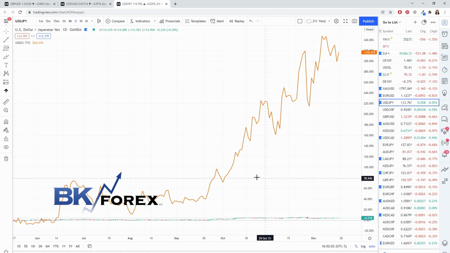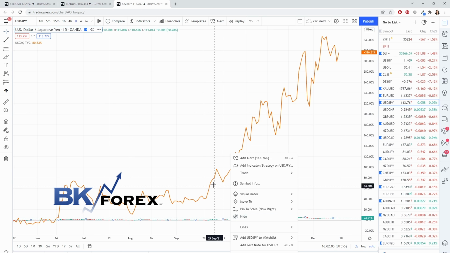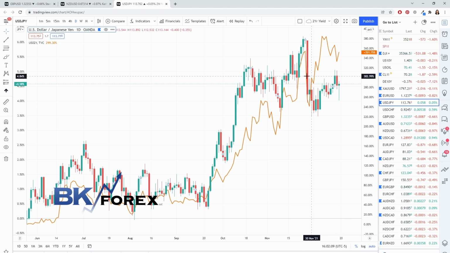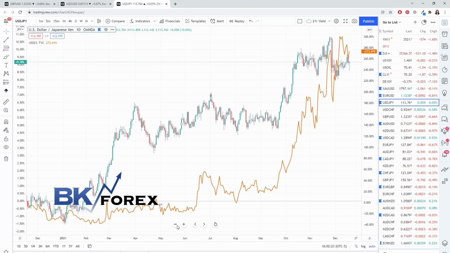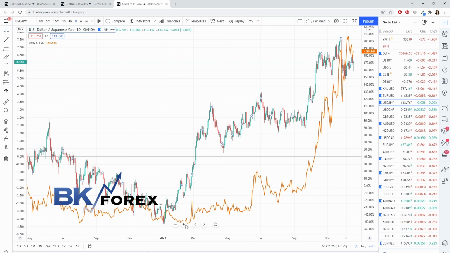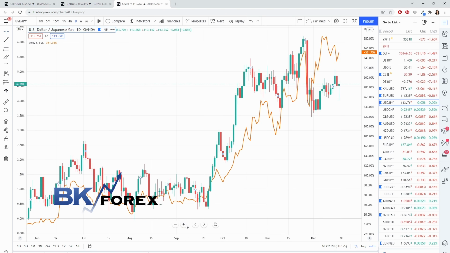And let me just pin the price action to the left-hand side now. And you can see on this chart here, very, very strong correlation between these two instruments, where the yield, which is the orange line, is a leading indicator for dollar yen, and they basically move in lockstep. And you can even see that as we zoom further and further out in time.